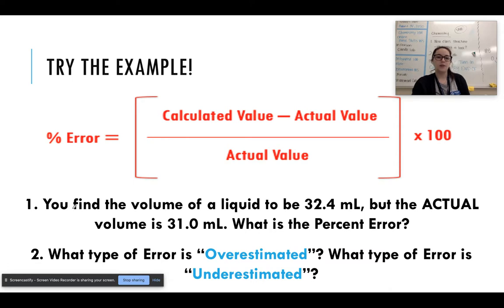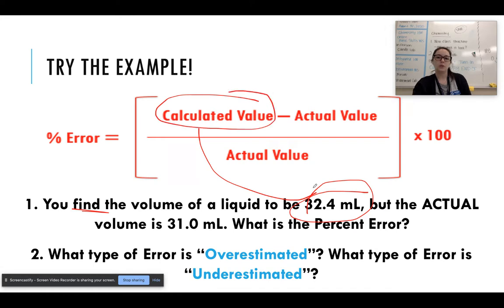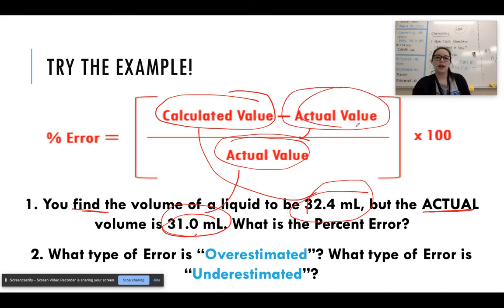I found this volume, and if I find something in the lab, then it becomes my calculated value. So I'm going to plug in my 32.4 in my calculated. And then I have this keyword right here, actual, to tell me that my volume actually is supposed to be 31.0. And so that gets pushed into our actual values.